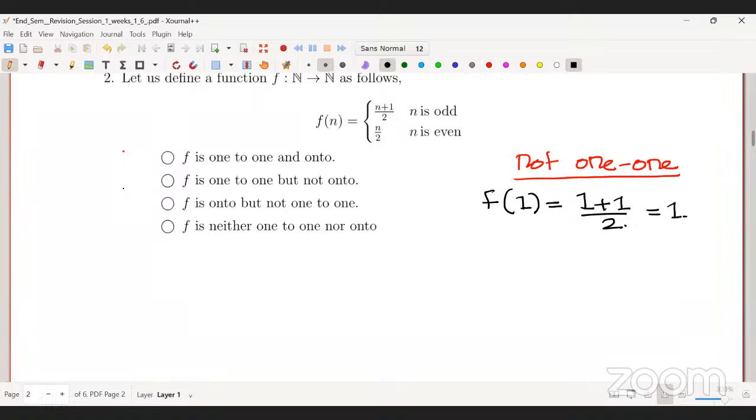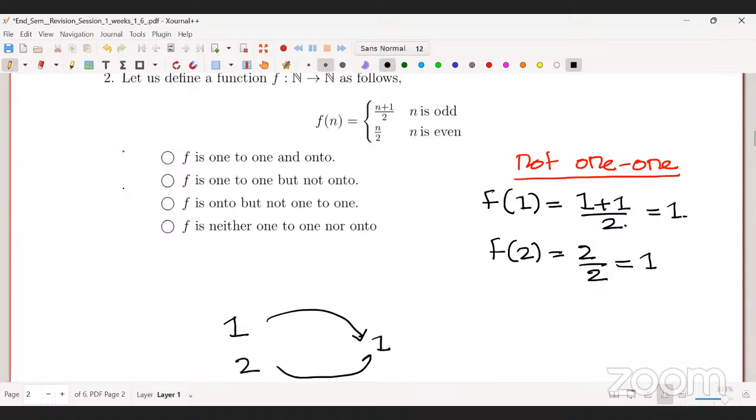So the image of 1 is 1. Next, you compute f of 2. 2 is even, so the image should be 2 by 2, which is 1. So 1 maps to 1 and 2 also maps to 1. So we have two different elements in our domain, and the image of both elements is 1. So from here itself we can say that f is not one-one.